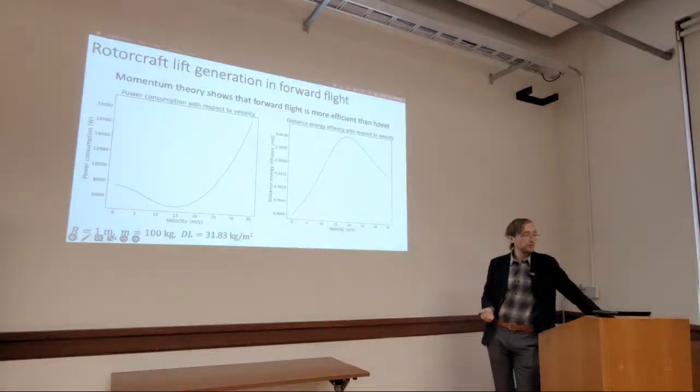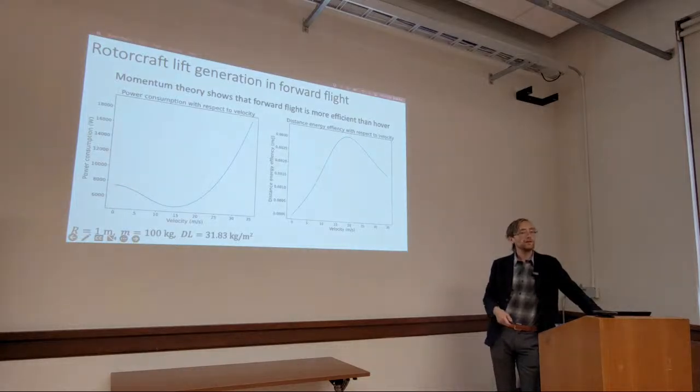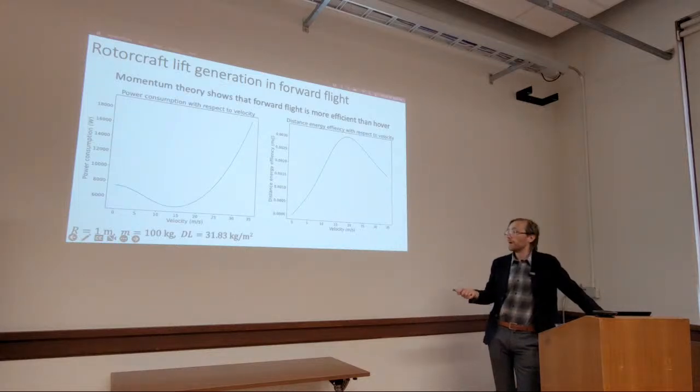And it is well known that helicopters or multi-rotor vehicles have a greater endurance when they are moving forward rather than staying at a hover. And so we can see that by momentum theory.